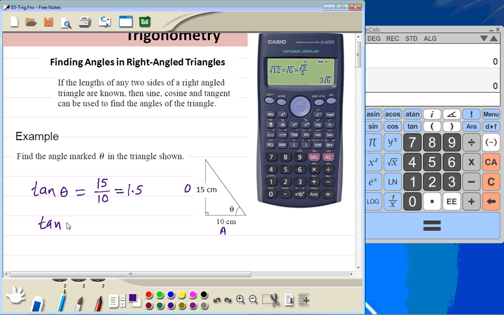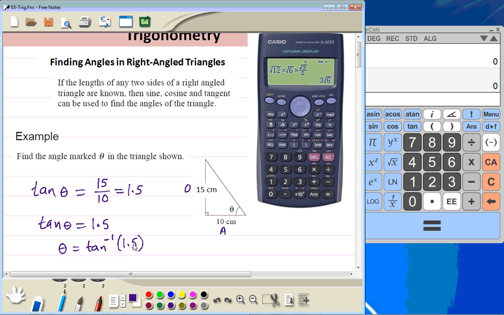So tan theta is 1.5, so theta is equal to the inverse, which is written like this, tan inverse of this number 1.5.